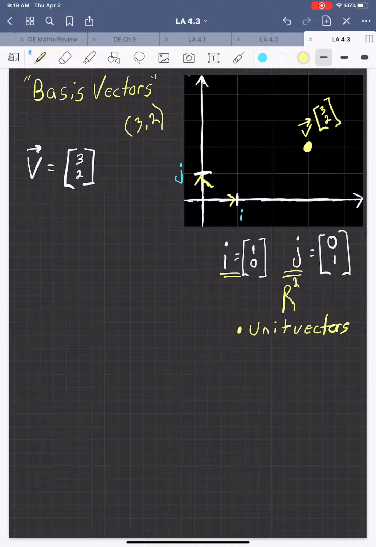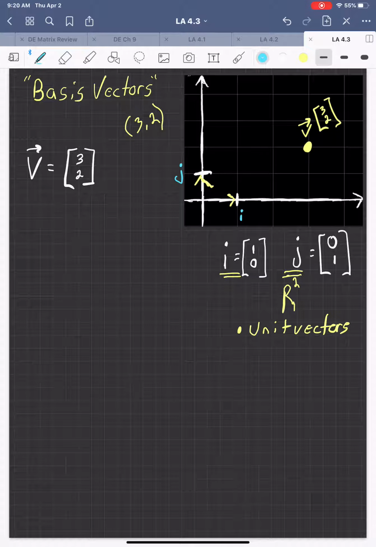Now, what I want you to understand is that when you're thinking about basis vectors, the idea is that basis vectors will span the entirety of the space that you're in, in this case R2. So let me give you an example.